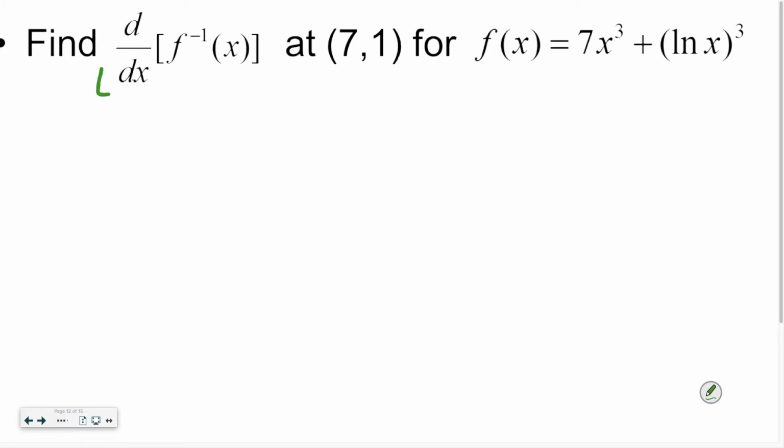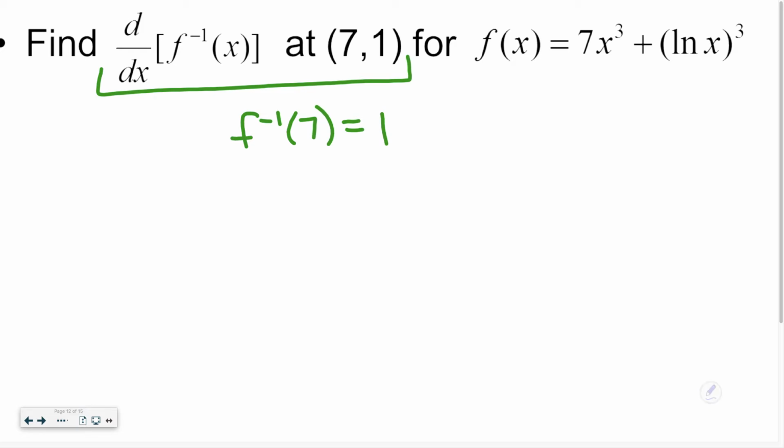Find the derivative of the inverse at 7, 1. Those are connected, wouldn't you say? So we know that f inverse of 7 is 1, which means f of 1 equals 7. That's what we know from all of that.